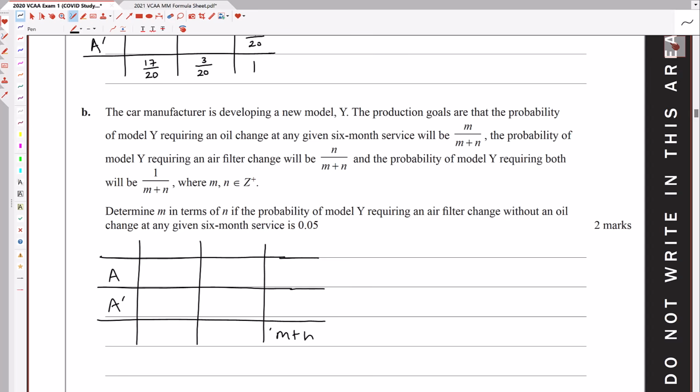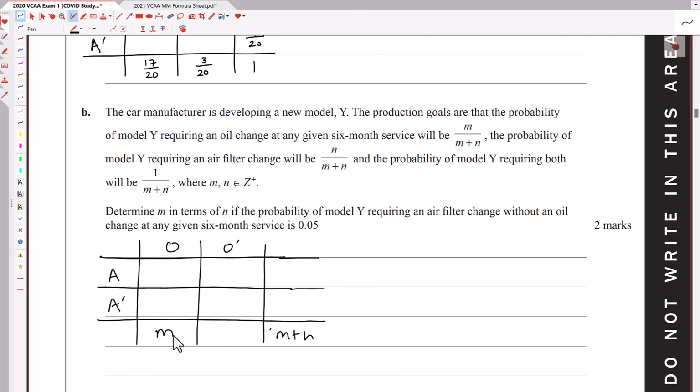Okay, so that means then that the probability of requiring an oil change at any given 6-month service will be m on m plus n. So if we were writing probabilities in so that the whole table added to 1, then I would have to put m over m plus n in here. But because I'm going to make the table add to m plus n, I'm just going to put m here. It's just going to make the algebra a bit nicer.